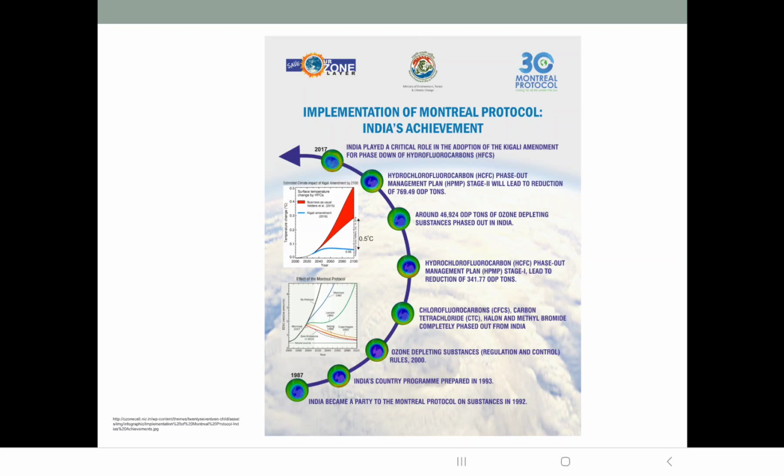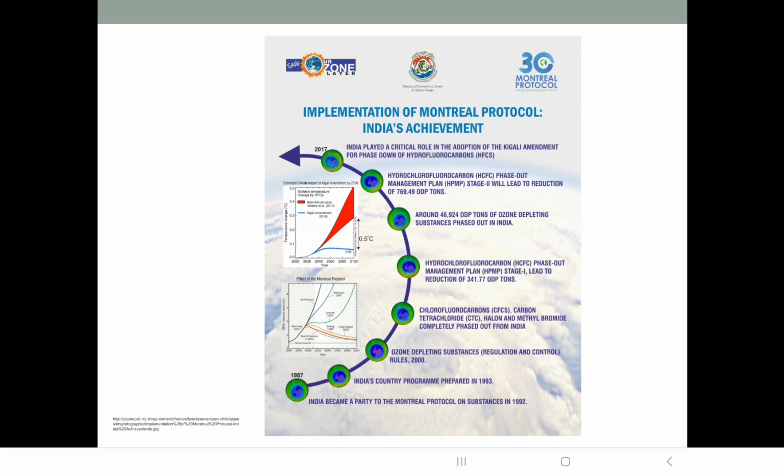India became party to this in 1992. Then the country's program regarding the ozone depleting substances was made in 1993.